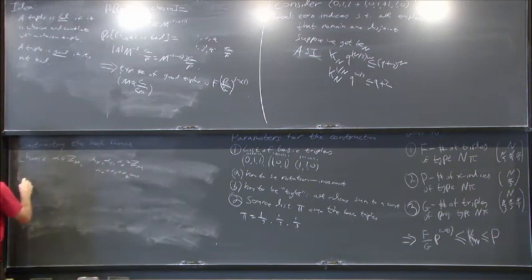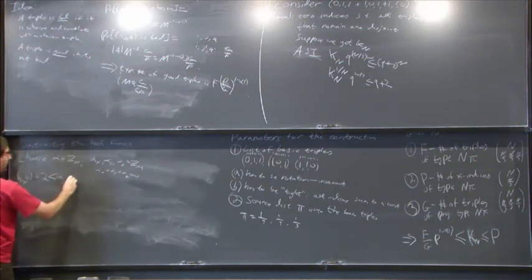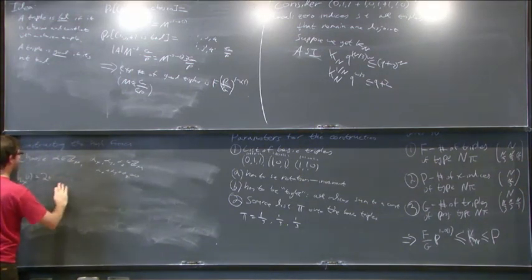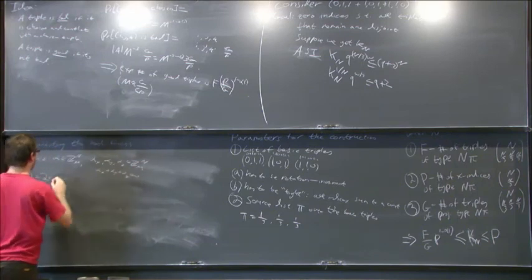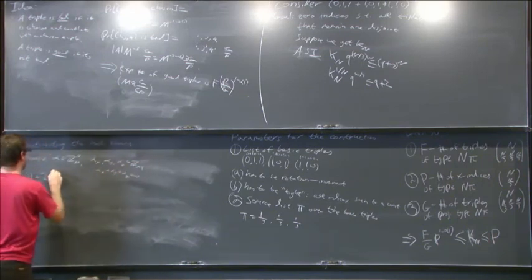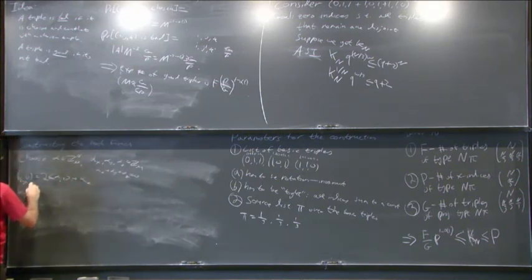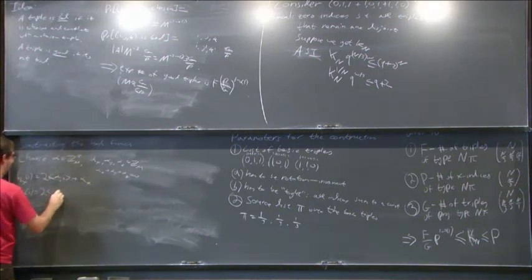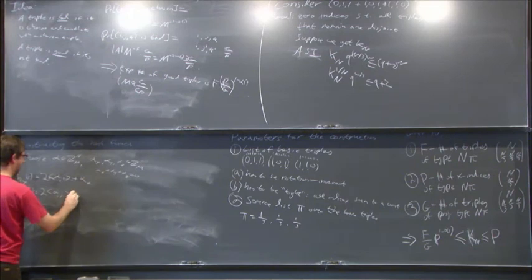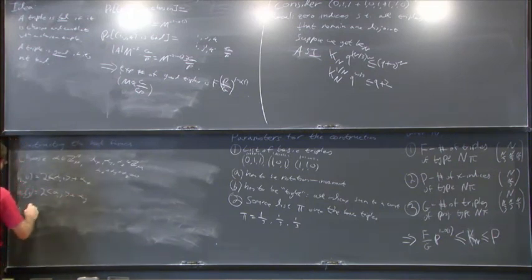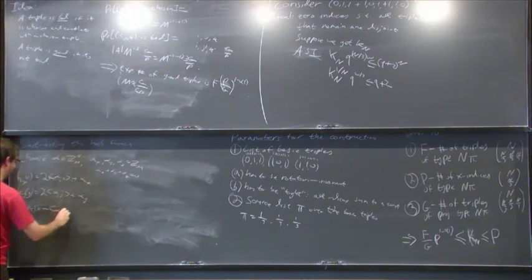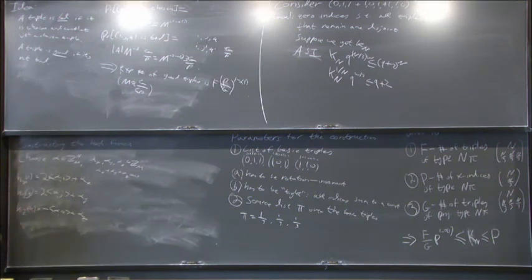Now hx of i is going to equal twice the inner product of alpha with i, plus alpha x. hy of j is equal to twice alpha with j plus alpha y, and hz of k is going to equal minus alpha with k plus alpha z. And you'll see in a bit why these funny coefficients.